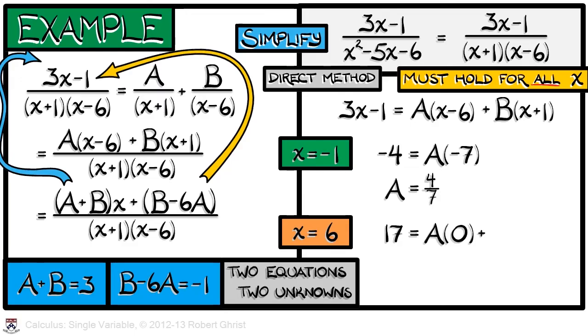On the right-hand side, A times 0 plus B times 7. We therefore have eliminated A, and we can conclude that B is 17/7. And I'll let you check that these two satisfy the two equations in the lower left-hand corner.